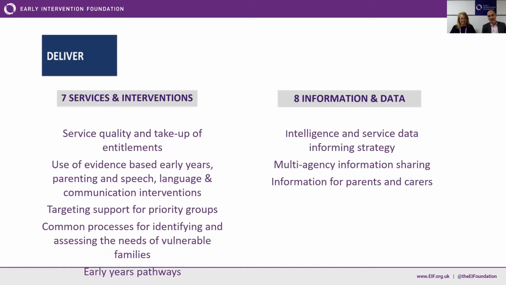So the aggregated data about services and how that's collected and shared with commissioners and strategic leads. And it also considers the quality of information for parents and carers themselves about services so that they can make their own choices about what's going to work for them, whether that's through a family information service or a local offer online resource.